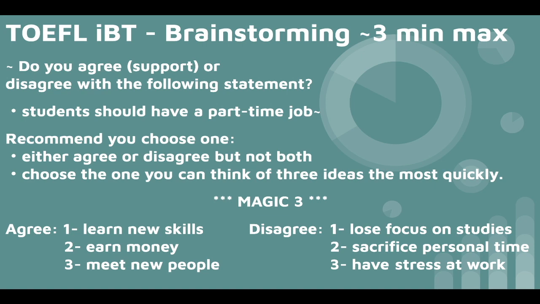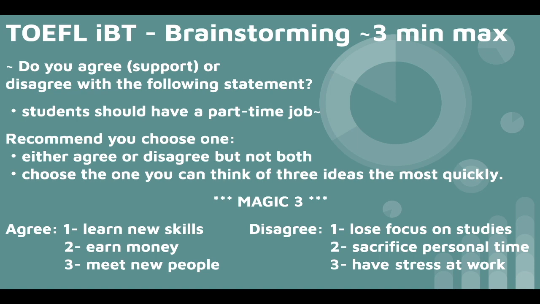Or perhaps disagreeing is easier. So you could also go with that. For example, number 1, I would lose focus on my studies if I have a part-time job. My grades will probably suffer. I might fail some classes. 2, sacrifice personal time. I like playing video games. I don't want to sacrifice that.